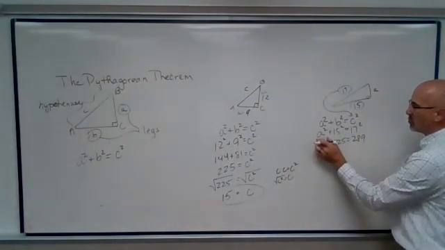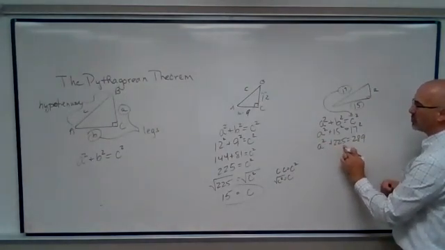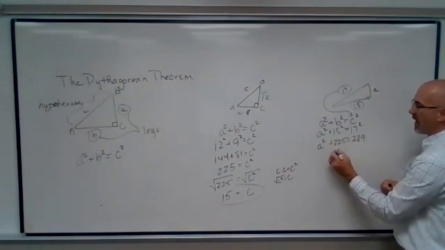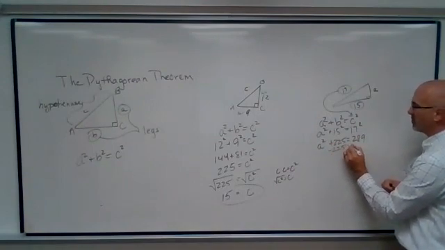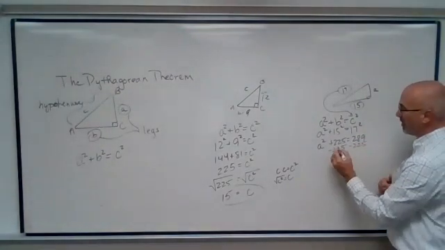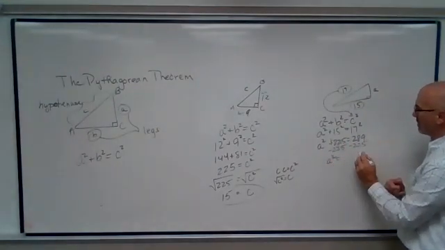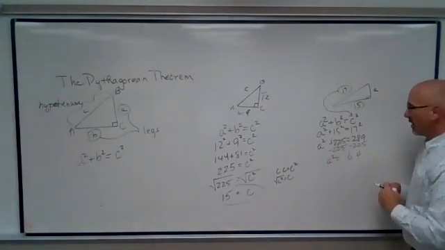Now we're going to try to get our variable by itself. So we have to remove this 225. Since this is adding, we are going to subtract 225 from both sides. This disappears, so we're left with A squared equals 64.